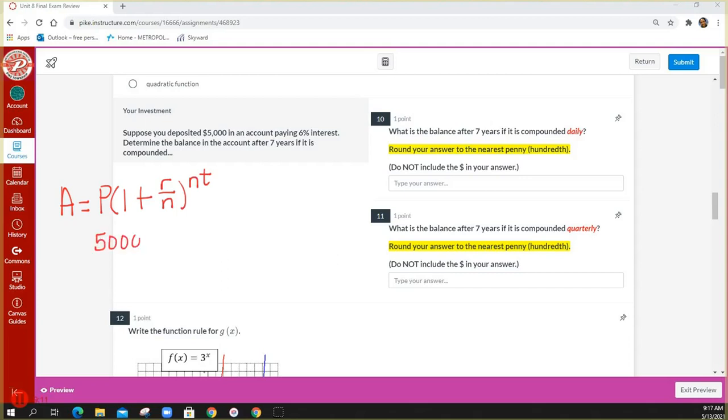So we have 5,000. The interest rate is 6%. Is compounded daily, so that's 365, to the power of 365 times 7.